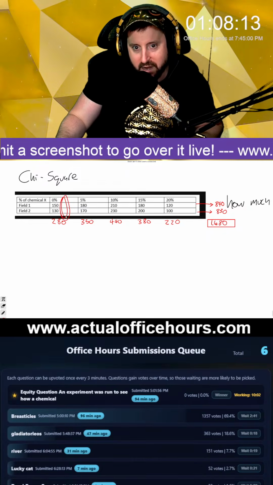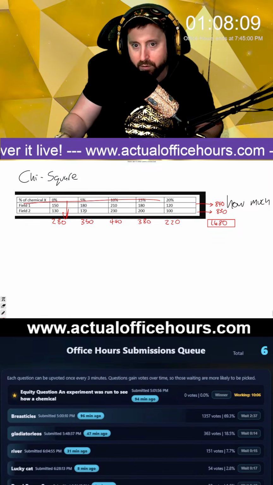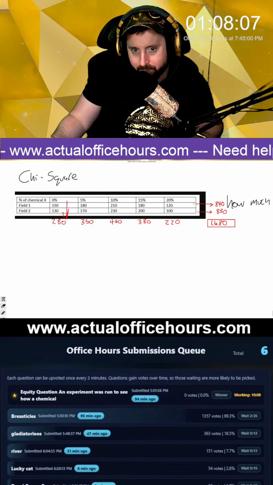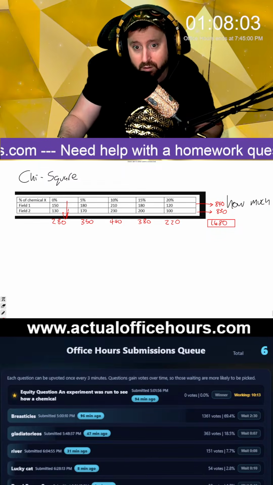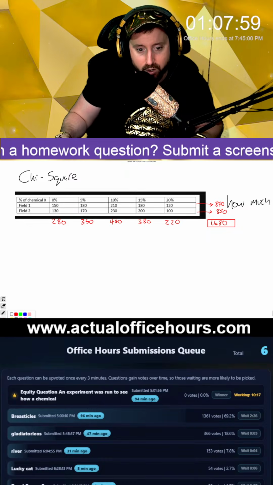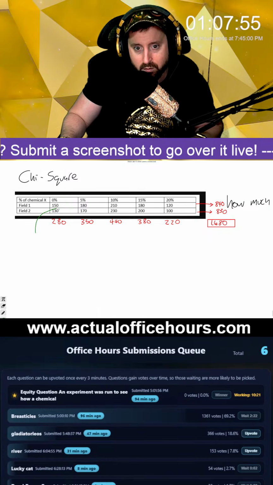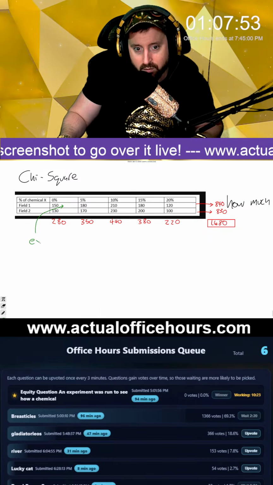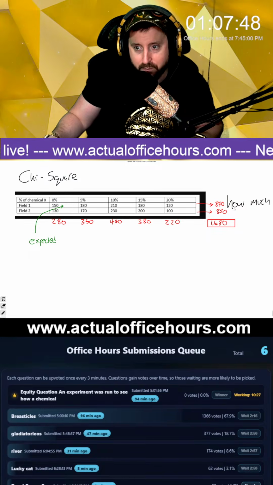So there were 280 in this column, but amongst all the fields, this should have been the distribution, which is basically half and half. So to calculate this column right here, I think is like the expected. So expected would be the same percentage here.